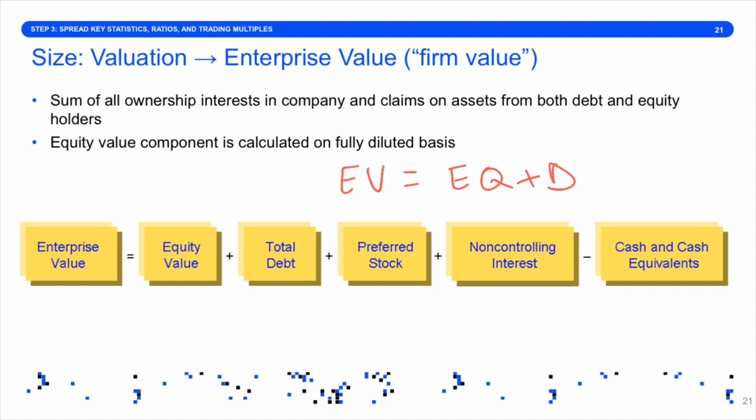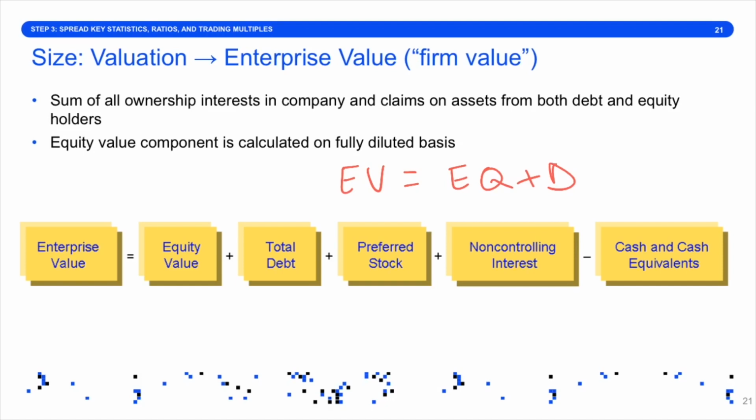So if you have $100 million of debt, but then you have $30 million of cash, how much is your real debt? Because you could use that cash to pay off the debt immediately.